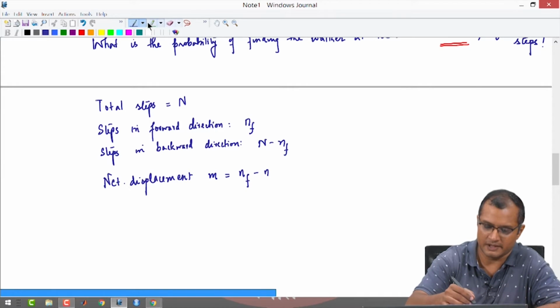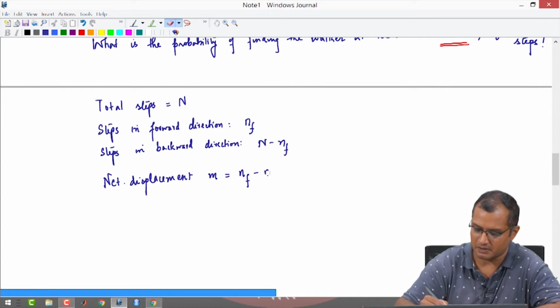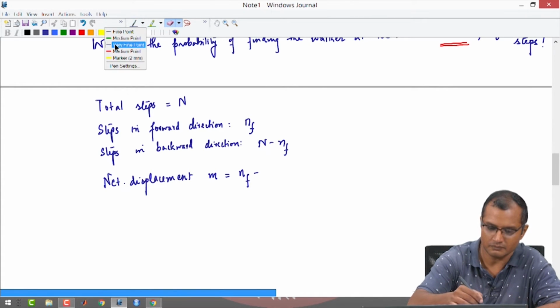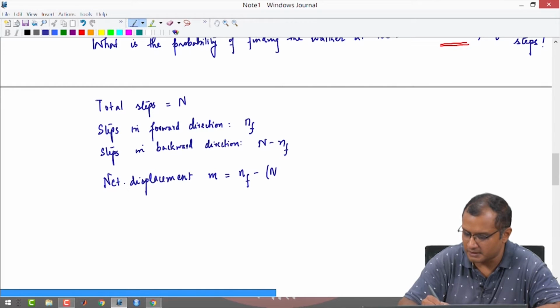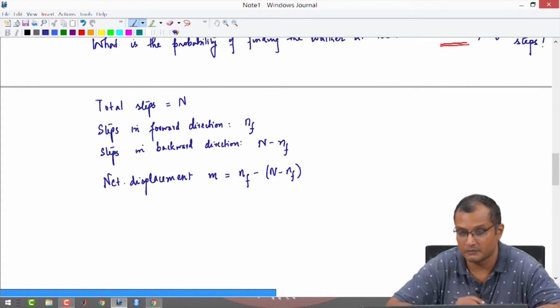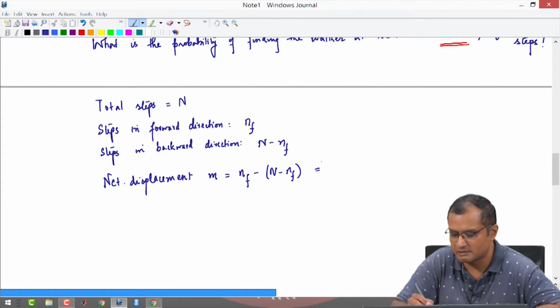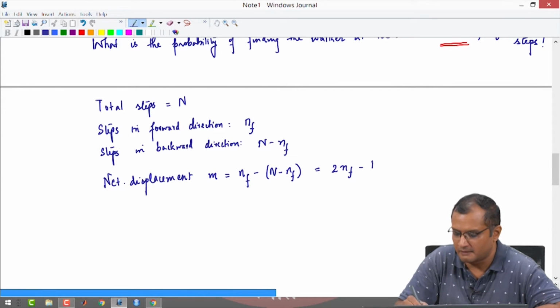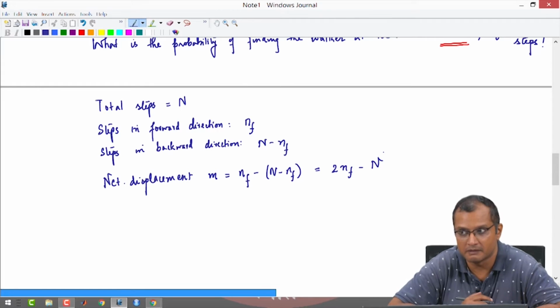Now, this is already computed. So, we know that the backward direction steps are N minus NF, which gives us the value as twice NF minus N, the big N.